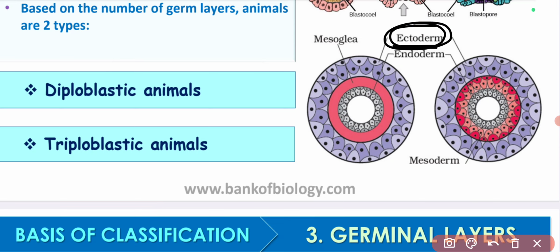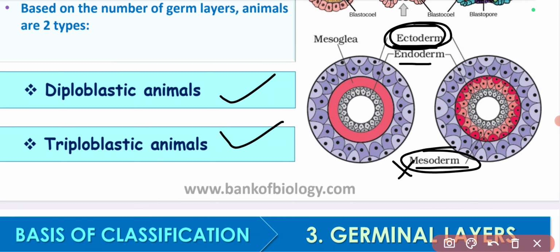Endoderm forms our blood vessels, and mesoderm forms our muscles. So we are triploblastic animals, and we are going to see which animals are diploblastic, those that lack mesoderm but have mesoglea.